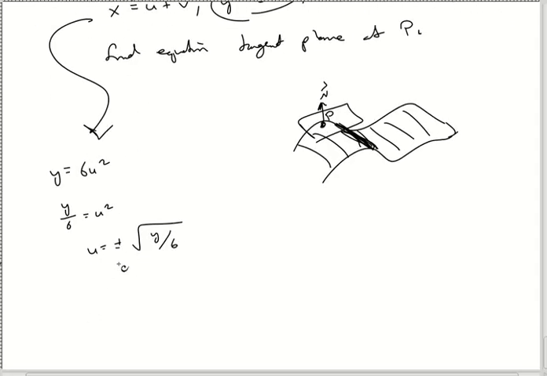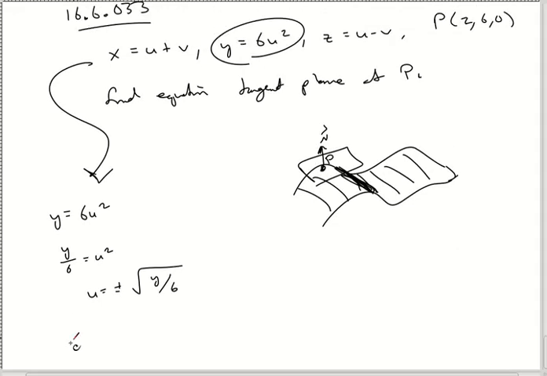So then I have a u. What if I had x is equal to my u and v? So my u, then plus v, and my z over here is that same thing, plus or minus square root y over 6, then minus v.